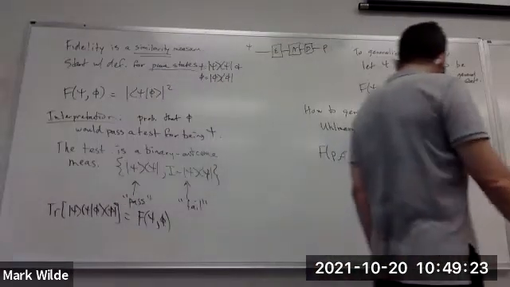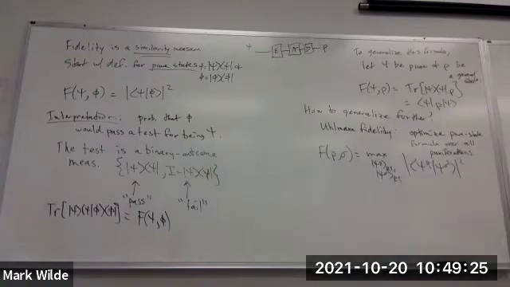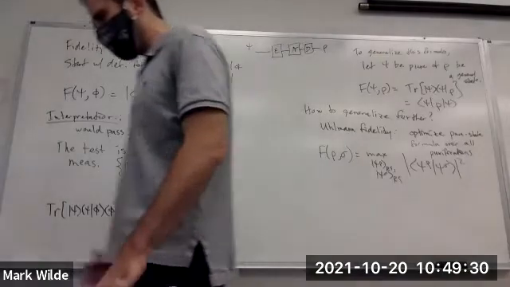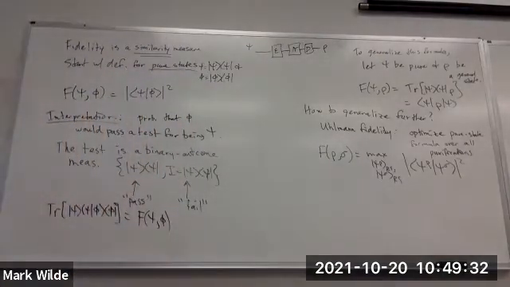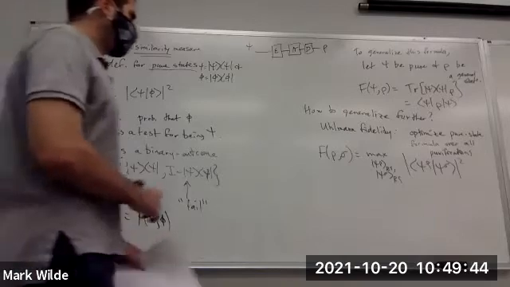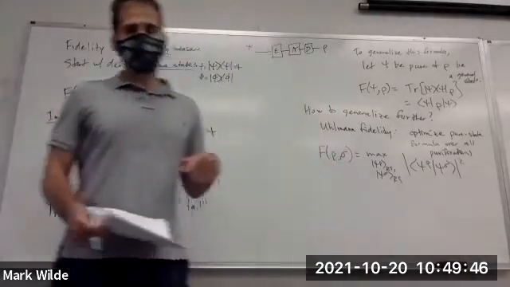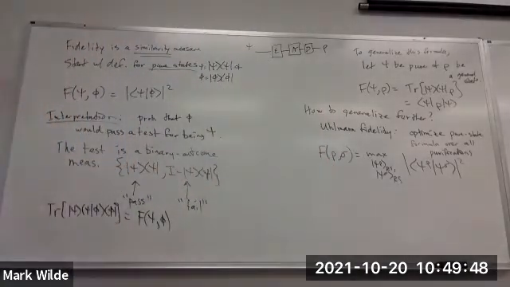And it has the desired property that we want. If rho is equal to sigma, then there exist two purifications that are the same, and so the fidelity will be 1. And the opposite is true as well. If the fidelity is 1, the states are equal. So there's a faithfulness property as well.